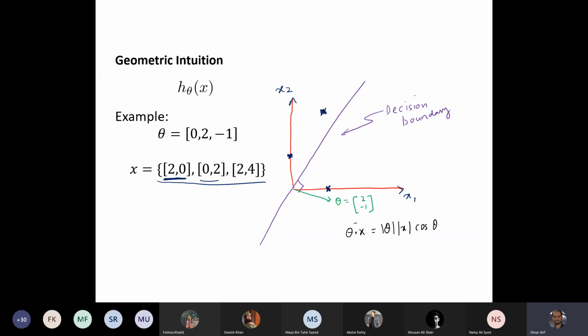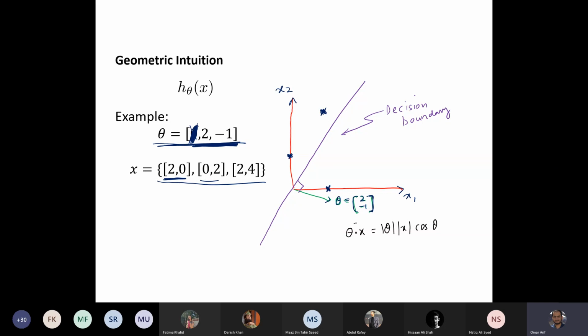Okay, and let's say कि you are given the parameter. So let's assume again, just for the sake of simplicity, कि आपका जो bias term, it is not there, it is 0. We are just ignoring that. So you just have (2, -1). So let's also plot (2, -1), this parameter vector. So this is my parameter vector theta, which is (2, -1).